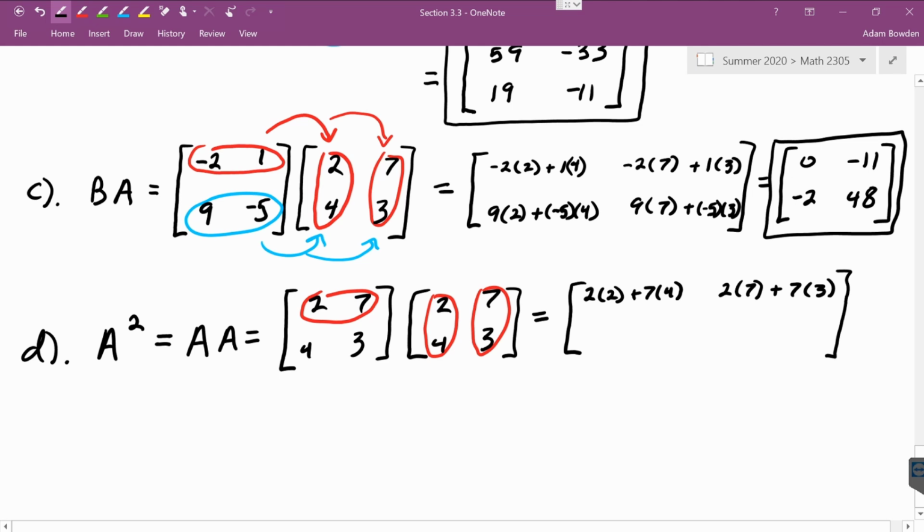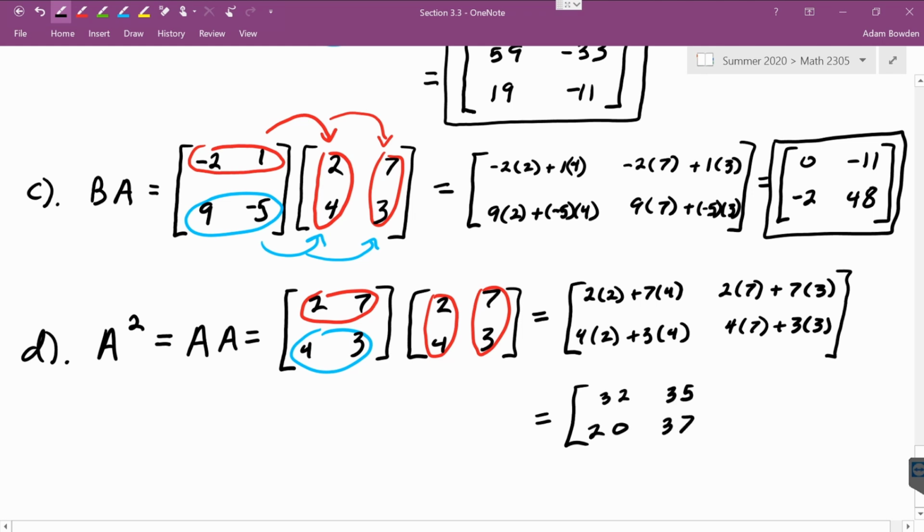And the second one down below, we take this row, down the next two columns, we get 4 times 2 plus 3 times 4, and 4 times 7 plus 3 times 3. This would give us the matrix 32, 35, 20, and 37.